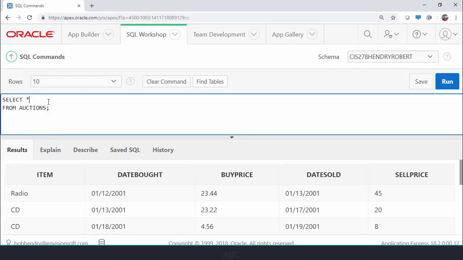We're going to say select item, comma, the buy price, comma, sell price, comma, the sell price minus the buy price.